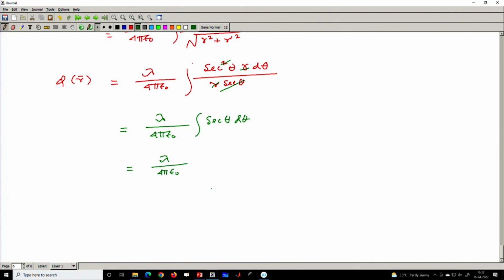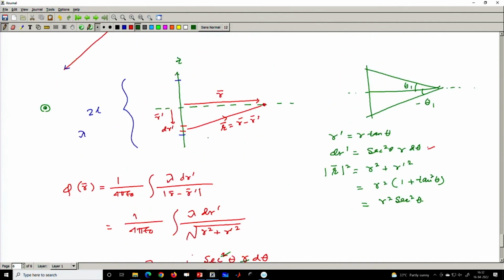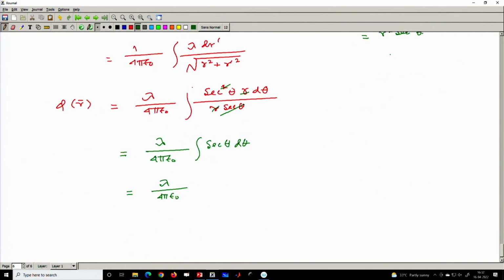Now I need to put in the limits, because theta goes from minus theta 1 to plus theta 1.